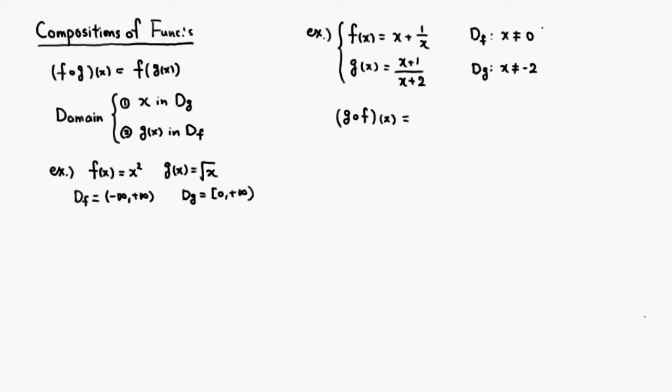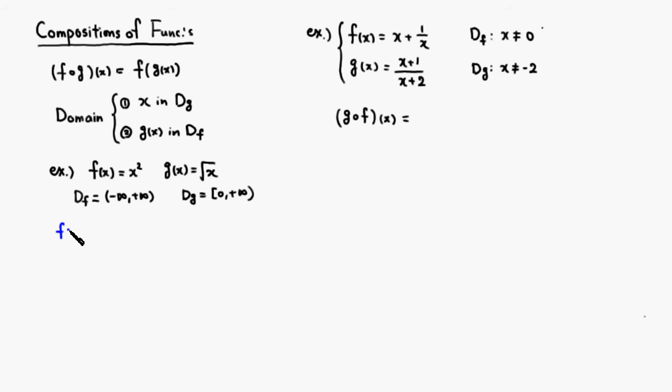Let's say f of x is x squared, and g of x is square root of x. The domain of f is all real numbers, and the domain of g is all non-negative real numbers. Then let's find f of g.